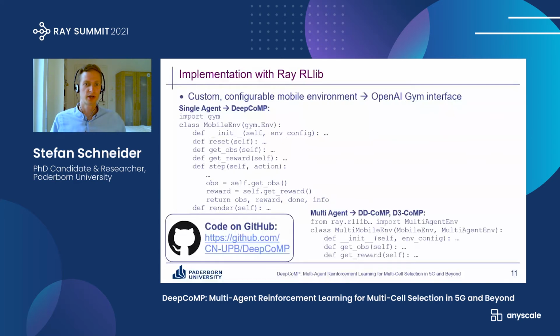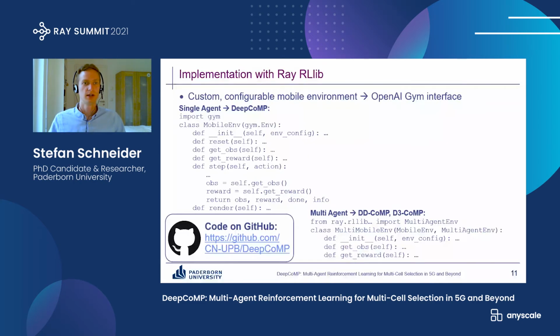But with RLlib, what I had to do is simply import from Ray RLlib the multi-agent environment, and then create a new class where I inherit, first of all, from my single agent mobile environment and then this multi-agent environment. And I only had to override here the constructor to define this adjusted observation and action space, and then also override the get observation and get reward functions to make the adjustments here.